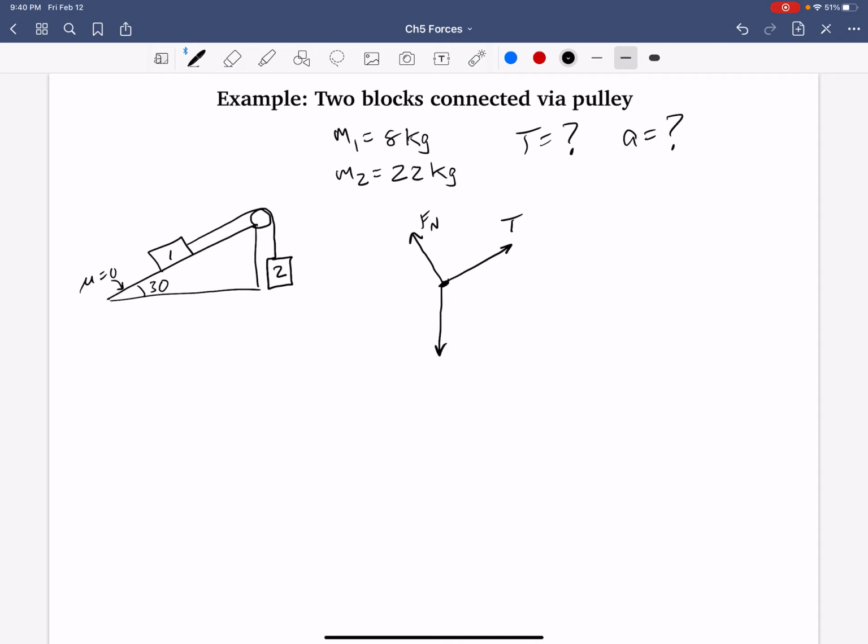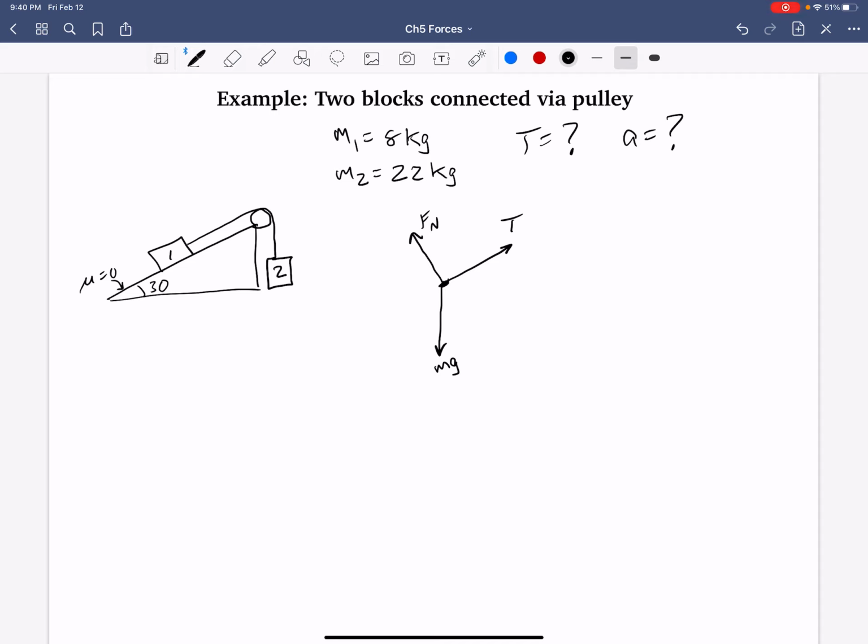You can write it as FG. I know in the last video I wrote it as FG. I mostly will do MG. It's up to you. Write FG or MG. That's all the forces for block 1.